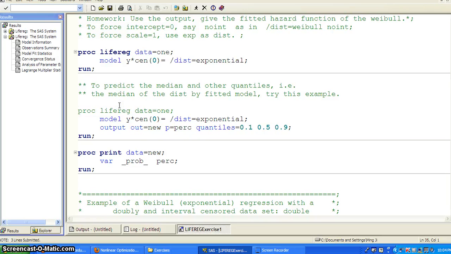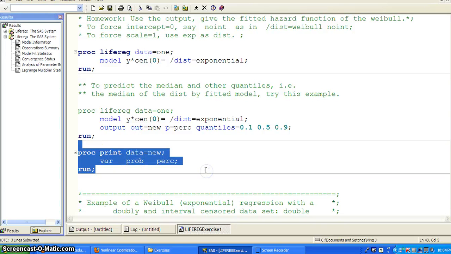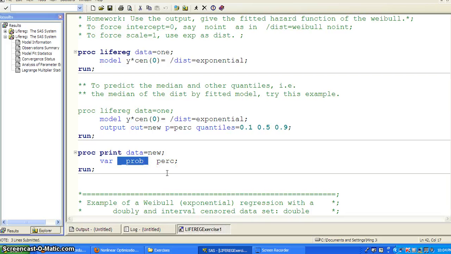The way to calculate those quantiles is you refit the model, use output to write the data into a new data set called new, get the percentiles, and specify you want the quantiles 0.1, 0.5, and 0.9. Then you print out this data called new. For the probability, that's a built-in variable, and then the percentiles.